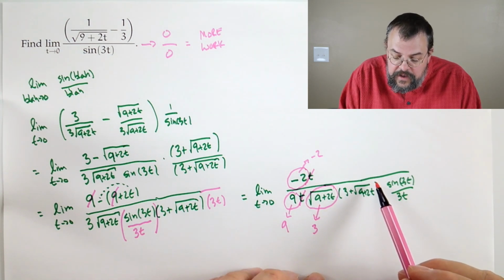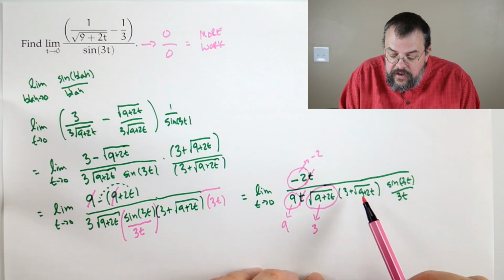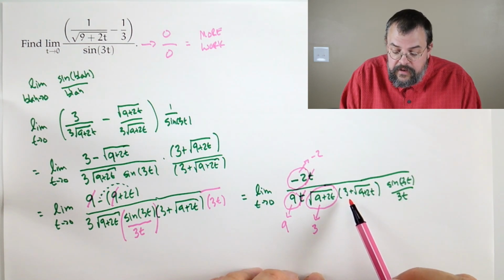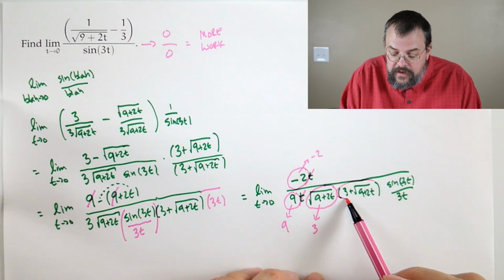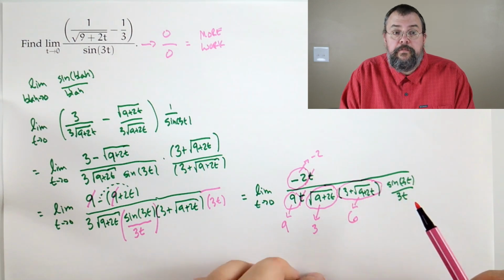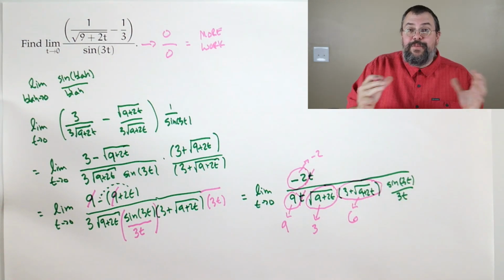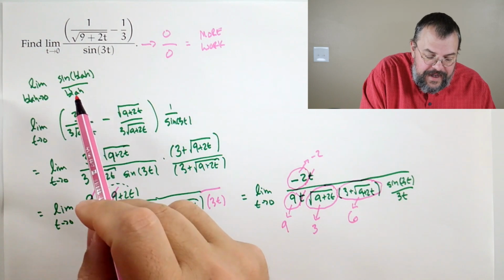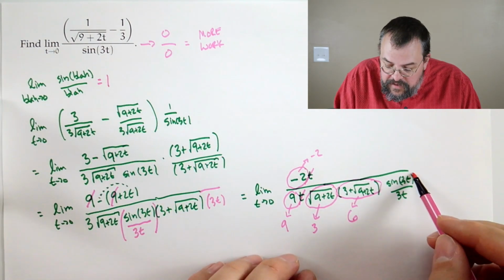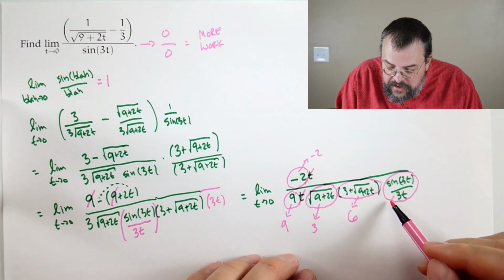How about here? You get 3 plus the square root of 9 because, remember, t is going to 0. So that's 3 plus 3. So that part is going to 6. And how about the sine of 3t over 3t? That's our sine blah over blah. We pull that out, and we didn't write it down, but that's equal to 1, which means that this part goes to 1.